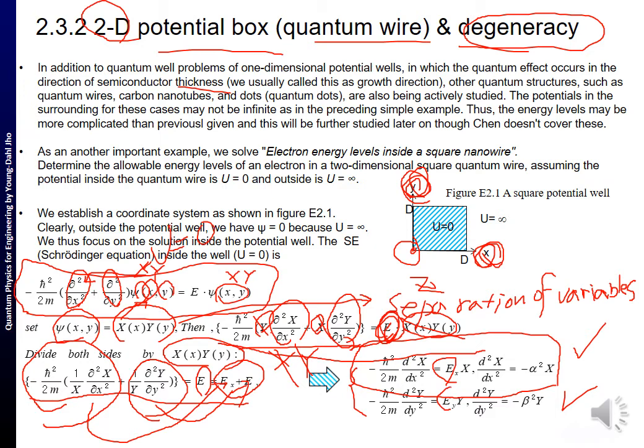Now we consider this minus h bar squared over 2m.